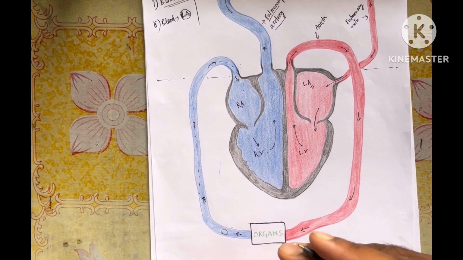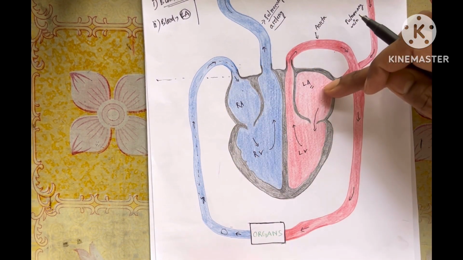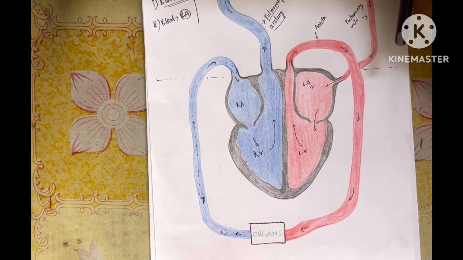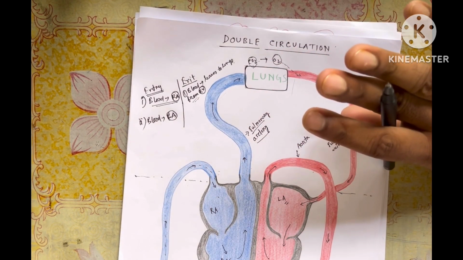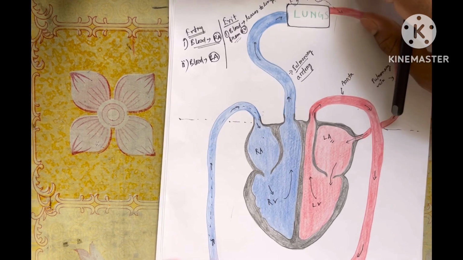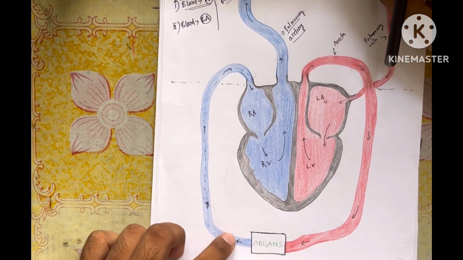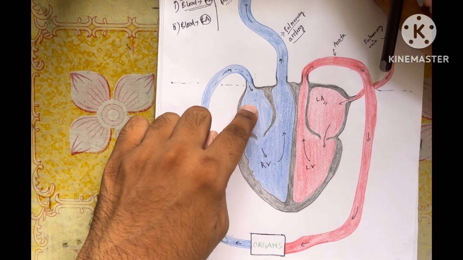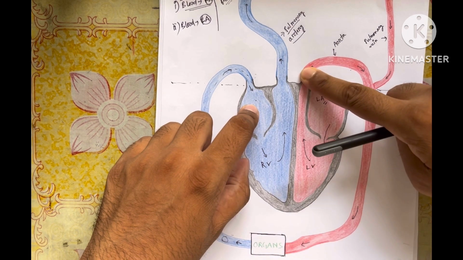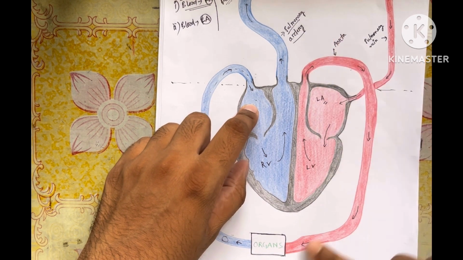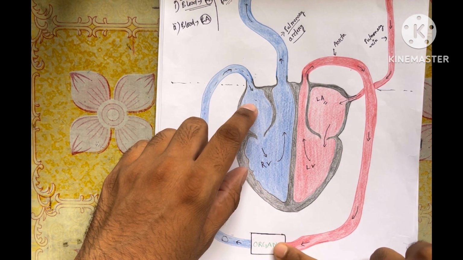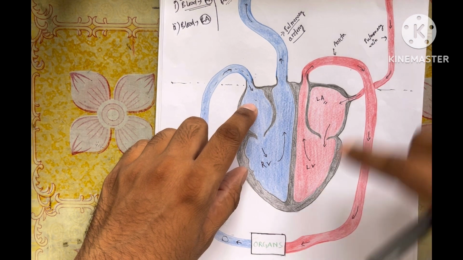Systemic circulation is from organs to heart and from heart to organs. Don't consider the lungs part. Means blood coming from organs to right atrium, and from left ventricle to again organs, it is called systemic circulation.